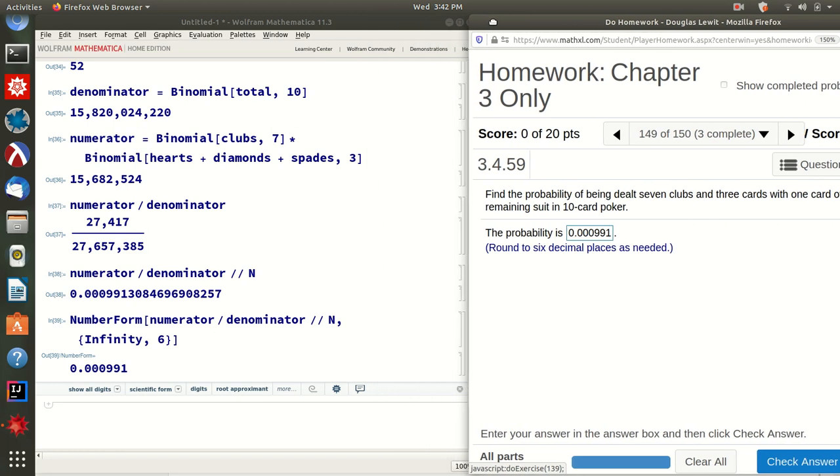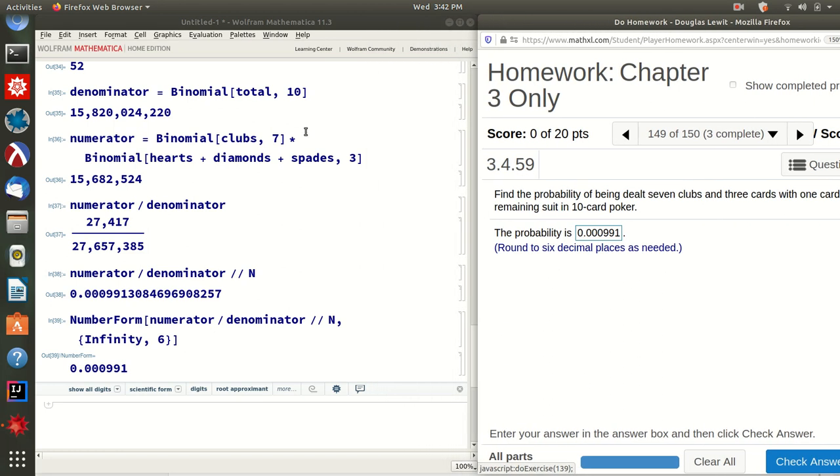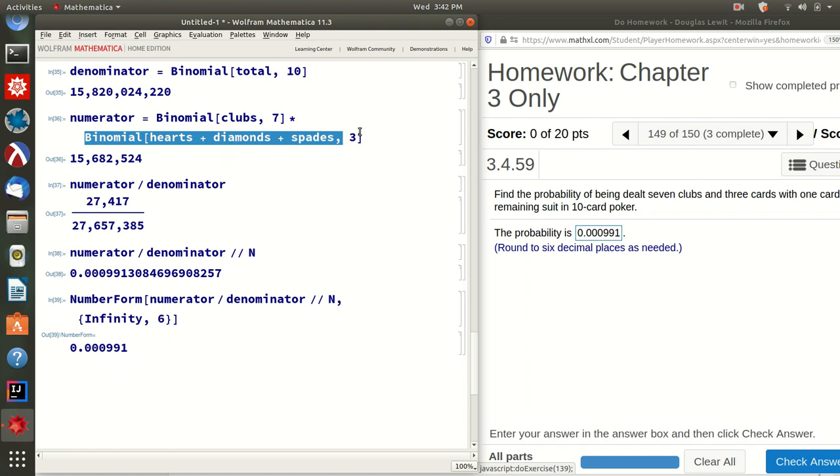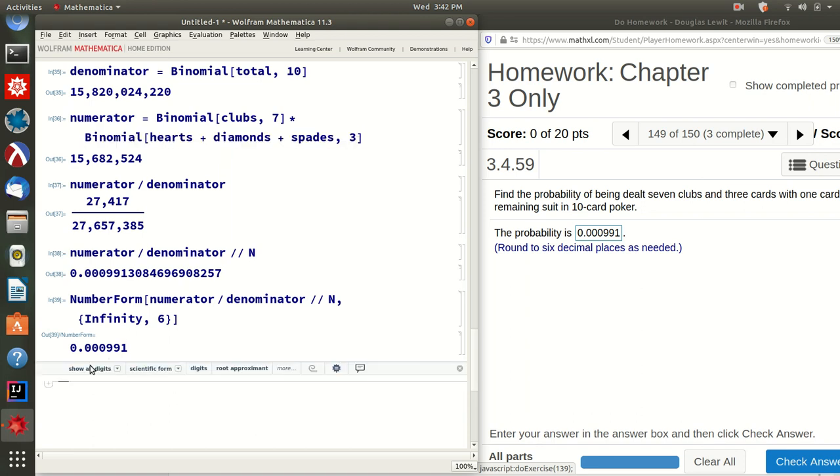The mistake that I made here is that these 3 cards could be all hearts or all diamonds or all spades. So this part of the numerator is not correct. My numerator is off.